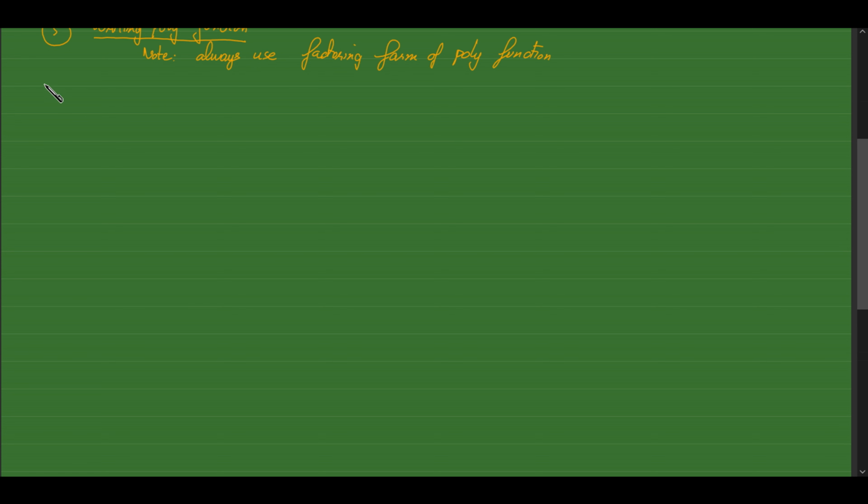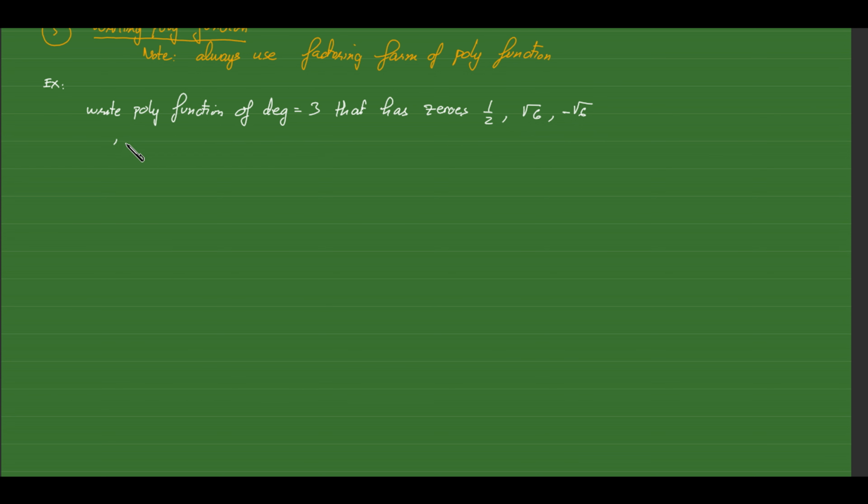Example: write a polynomial function of degree 3 that has zeros 1/2, square root of 6, and negative square root of 6, and it goes through the point (1, 2). Let's see how we do this.